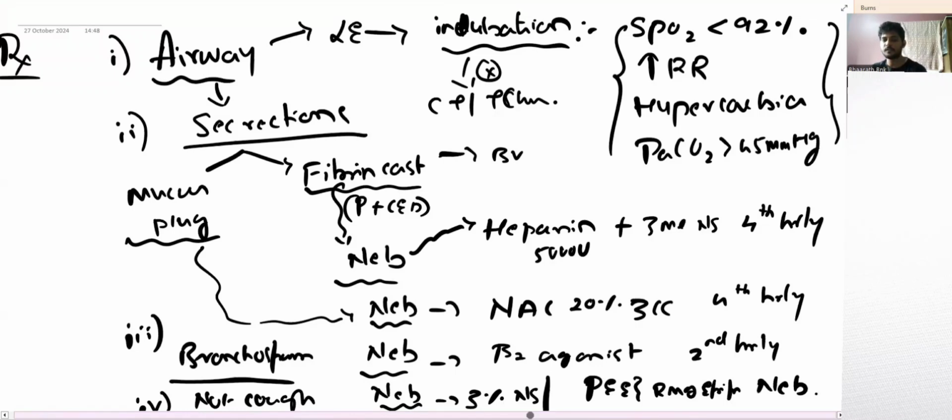Or with all this conventional nebulization, if the bronchoconstriction does not get relieved, then you can add a steroid nebulization. So, steroid nebulization is not indicated routinely. Steroid nebulization is indicated only if the patient is resistant to conventional nebulizations or the patient is previously steroid dependent for any of the upper respiratory tract infections or pathologies. So that is about steroid.